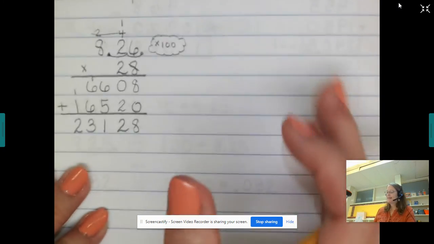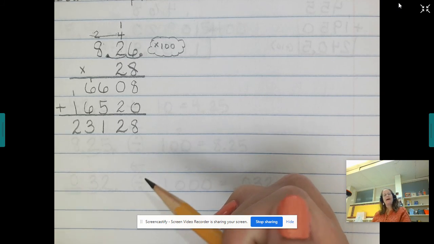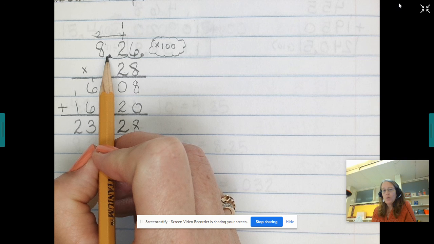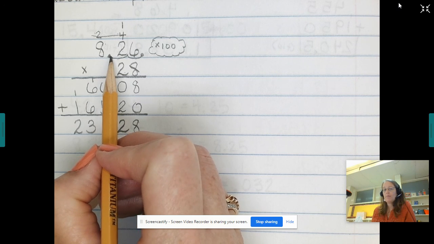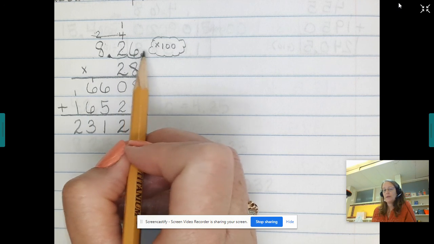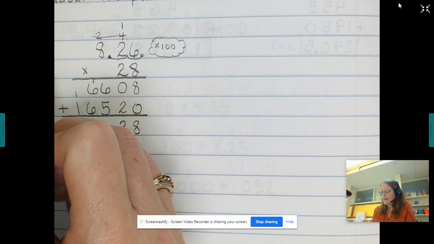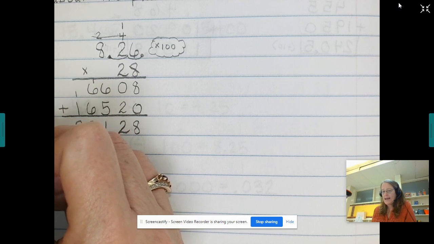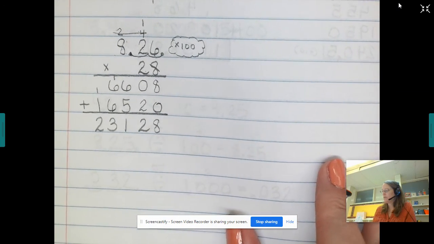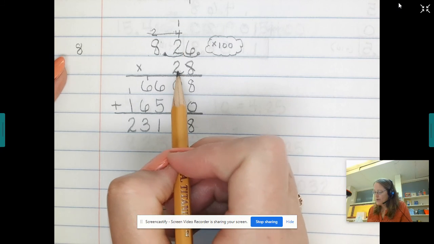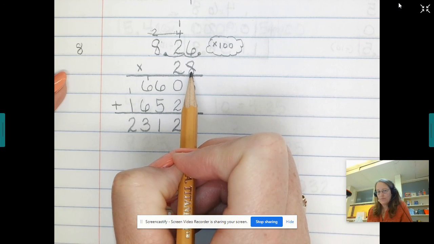Now, 23,128 is not reasonable, and I know that because my whole number in the original problem, 8 and 26 hundredths, is 8. And when I have 8, let me scoot this over so you can see. What does 28 round to?